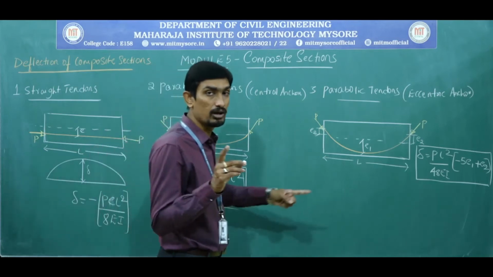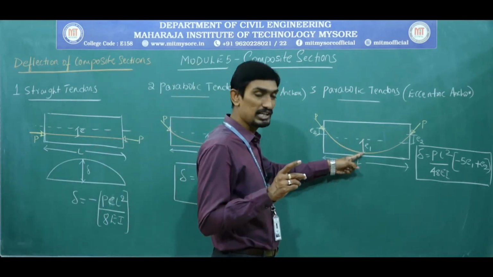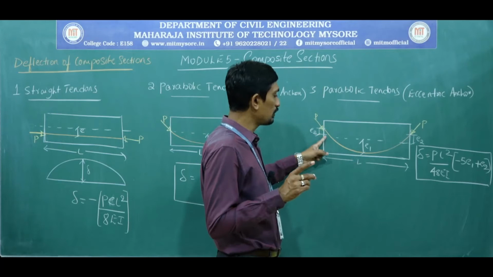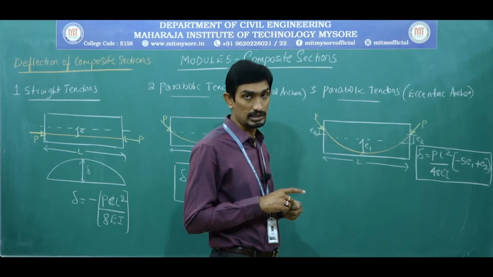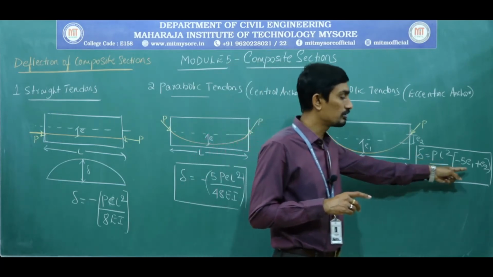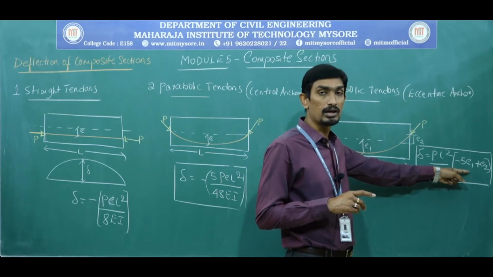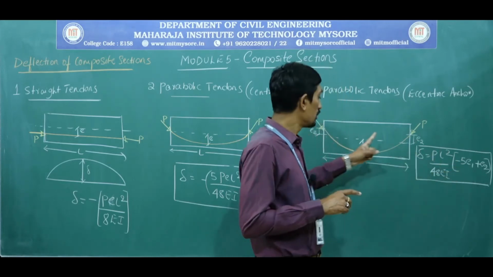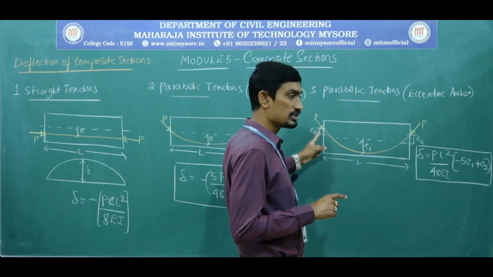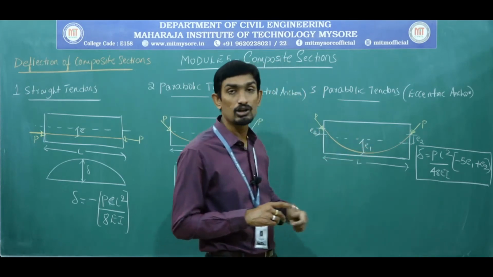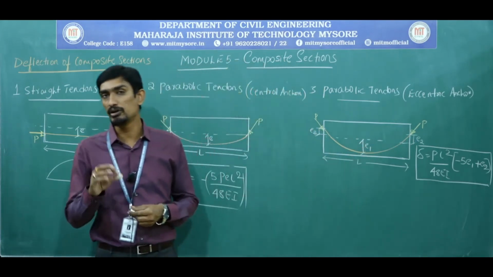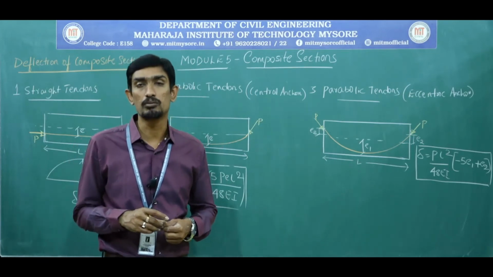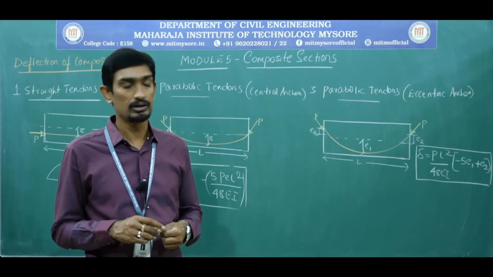You need to be very careful: E1 is the midspan eccentricity and E2 is the support eccentricity. When you substitute into the formula while doing the problem, if by mistake you substitute E1 as support and E2 as midspan, the result will change. So you need to be very cautious while substituting. Did you get my point?